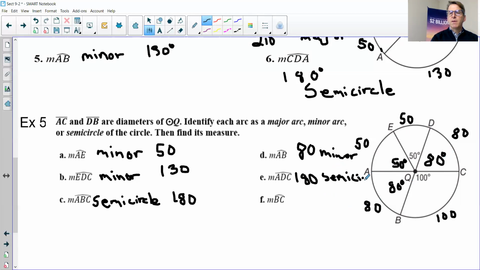And the last one, letter F, the measure of arc BC. Measure of arc BC is 100. And that's also minor. So be on the lookout for examples like example 4 and example 5. They're not too tough.